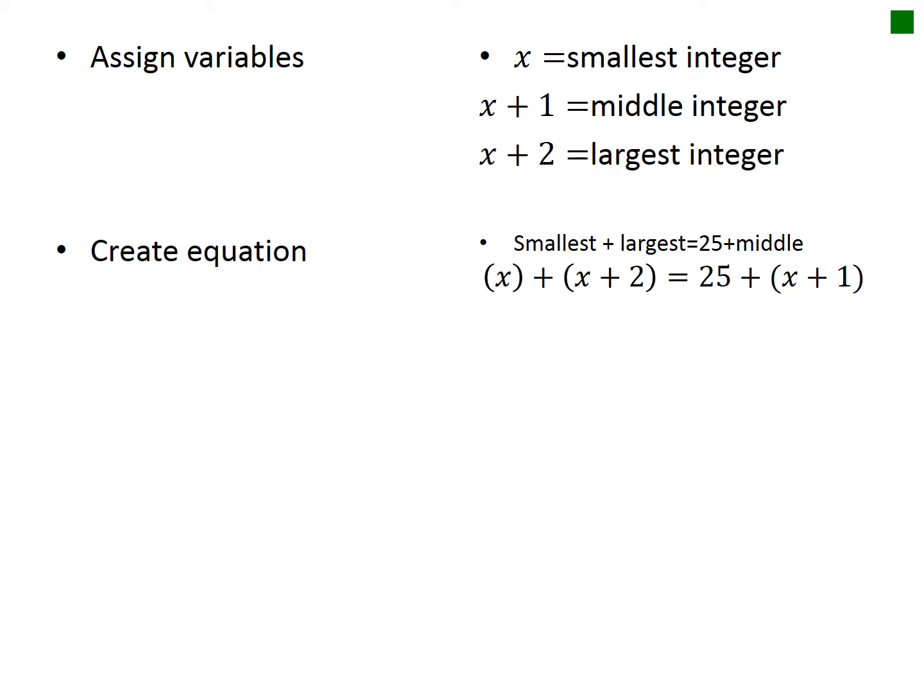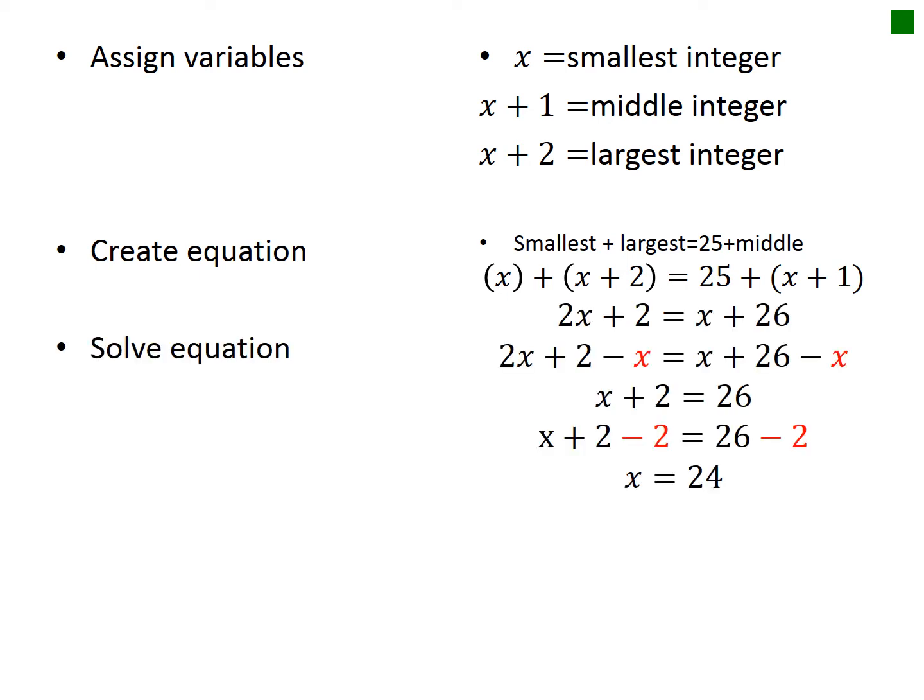Translating the problem, we're told that our smallest plus largest, or the sum of the smallest and largest integers, is equal to 25 more than the middle integer. And once again, we're going to substitute in our variable assignments for the values that we have. Once we have our equation, we solve the equation.